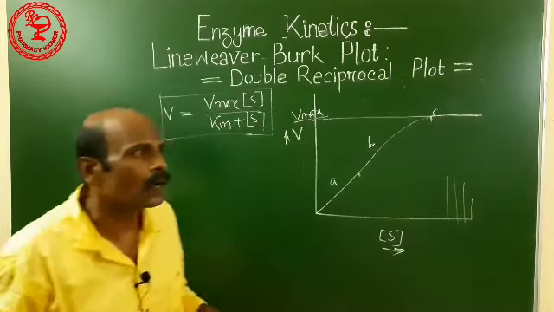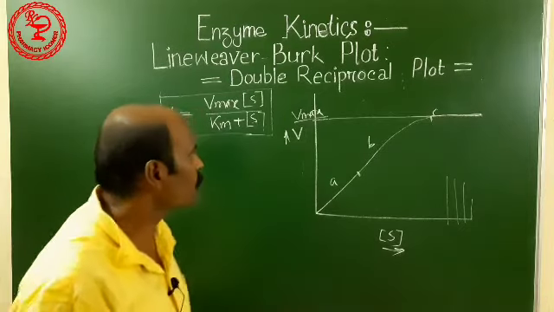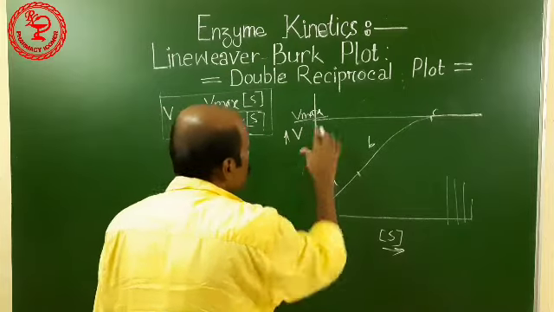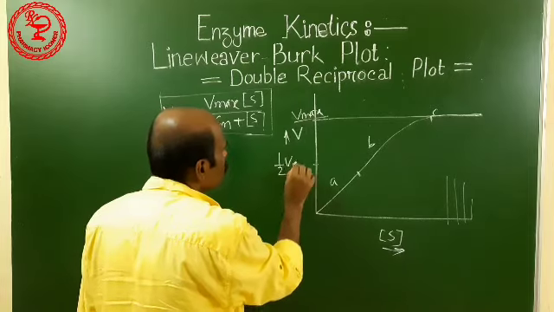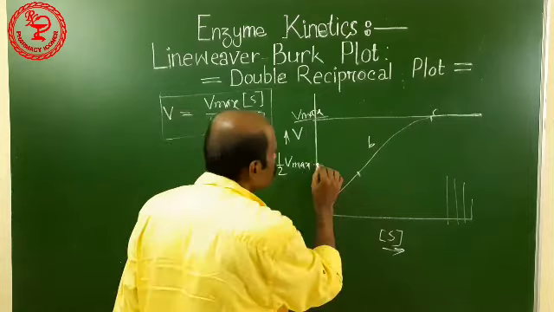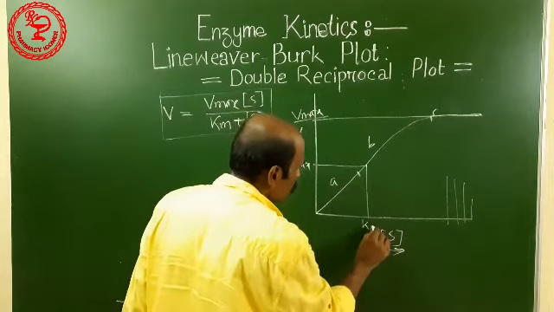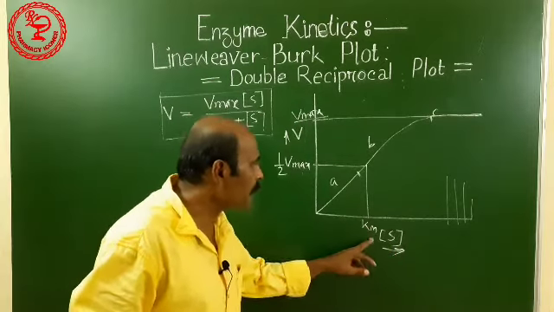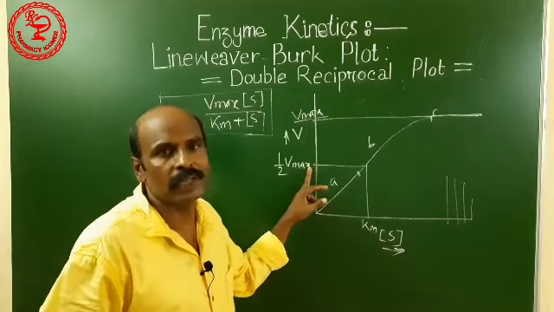That means all enzymes are saturated with the substrate. Now, half of the Vmax is called the Km. So what is Km? Km is the substrate concentration which gives the half maximum velocity.